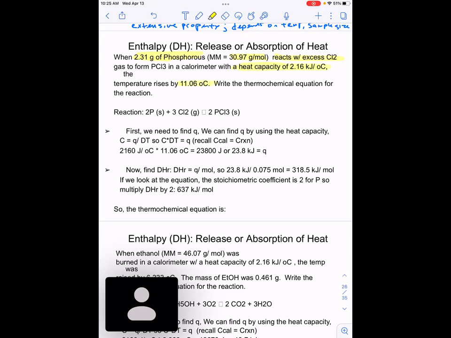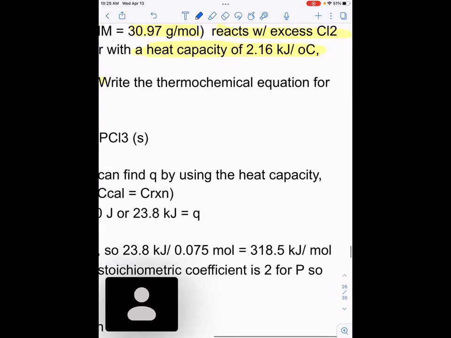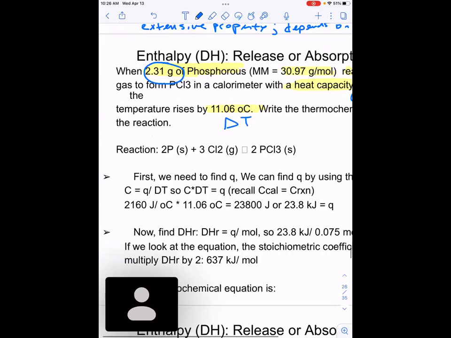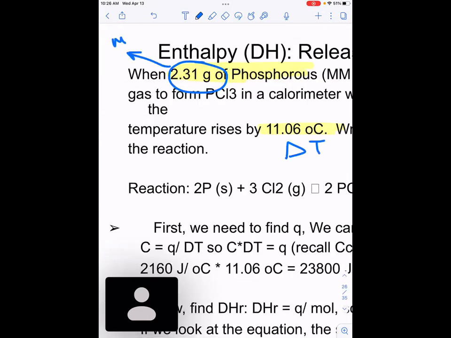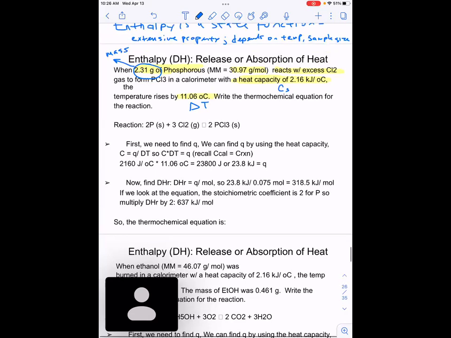So all of my terms are now given to find Q. I got delta T, I have heat capacity, and I have mass. So I can find Q, right? That's the first thing we need to do for a problem like this.